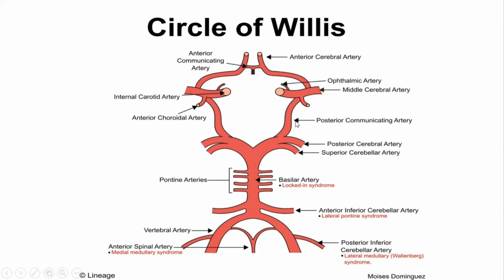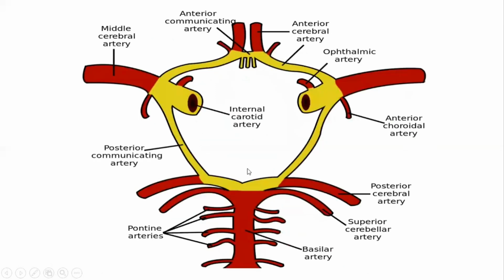Now we'll discuss the branches of each of these arteries. So the major arteries that form this circle of Willis are the internal carotid artery and the basilar artery and their branches. For those branches, we'll discuss them shortly. So this is a better view of the circle of Willis.